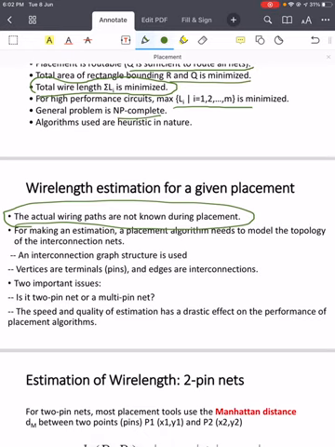We again will use some kind of graph structure where the vertices will be the terminals or the pins, and the edges are the interconnections. Also, we'll see how from a graph structure we can generate a spanning tree, because you know that from a graph we can generate a spanning tree covering the minimum number of edges.